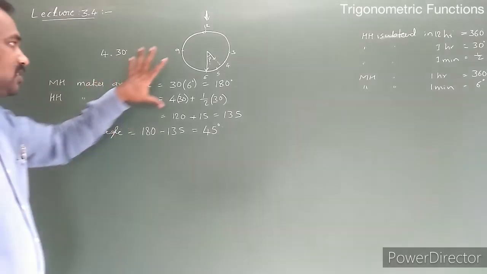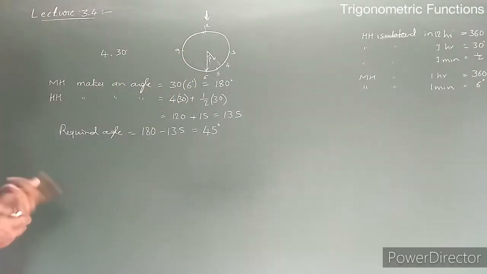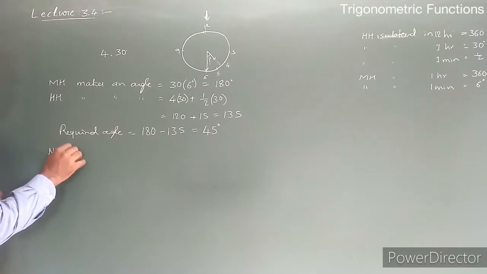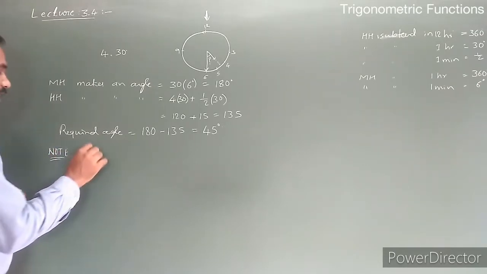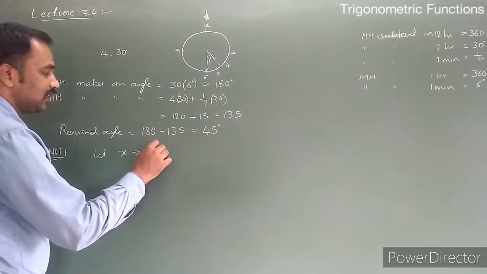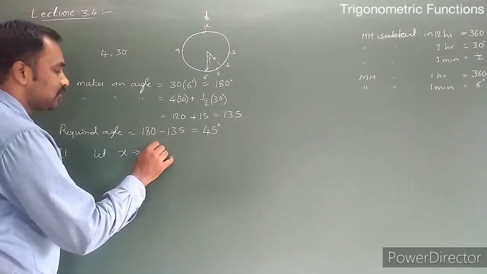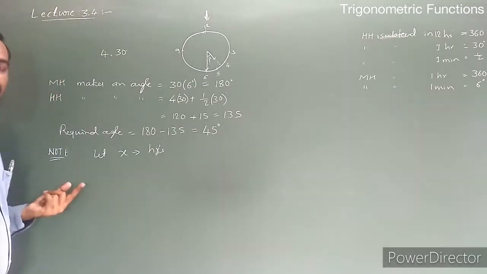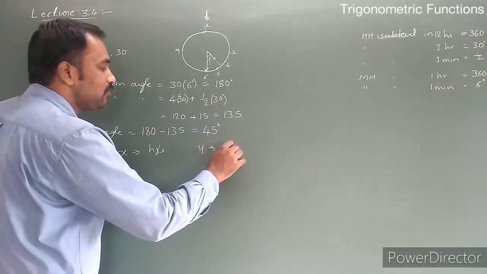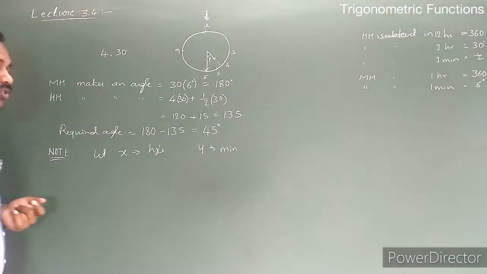To find the angle between the minute hand and the hour hand, we know one formula. Let x denote the number of hours it has moved, and y denote the number of minutes it has moved.